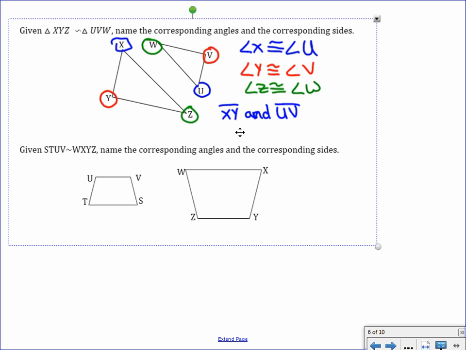Side YZ corresponds with VW. And finally, XZ corresponds with UW.